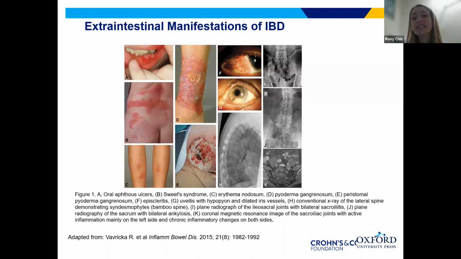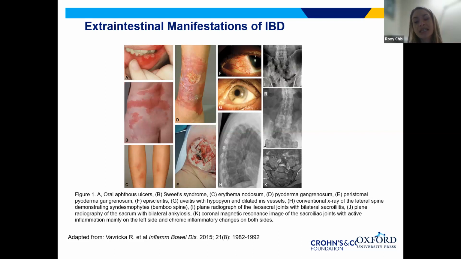And these normally tend to mirror disease activity. So if they have active Crohn's, they will have these sores that are active as well. Image B, what you see there is what we call Sweet syndrome, and it's basically just an infiltration of white cells in the skin, causing a rash that can be pretty itchy and uncomfortable.